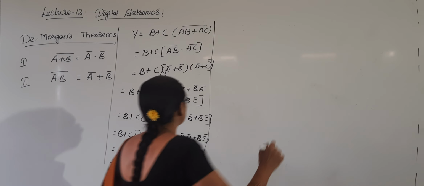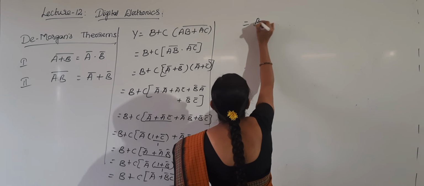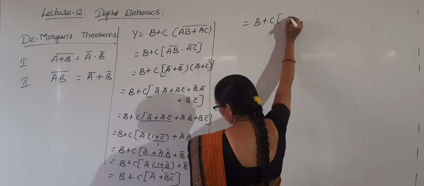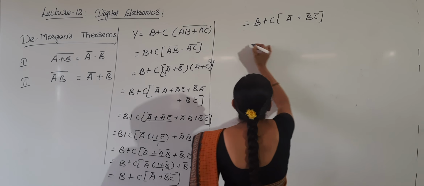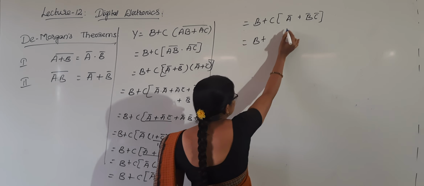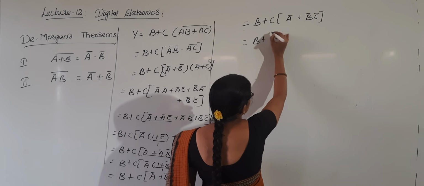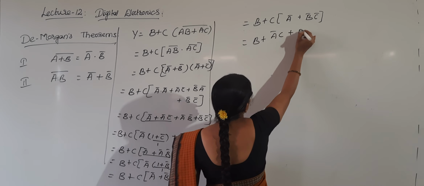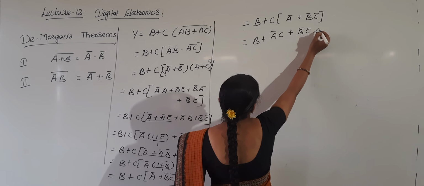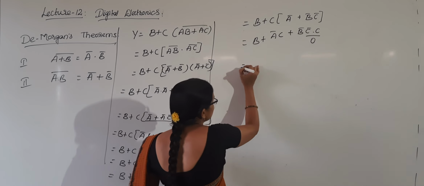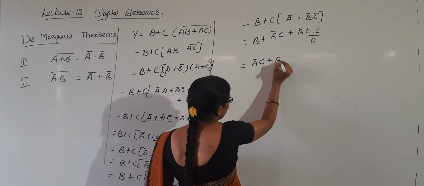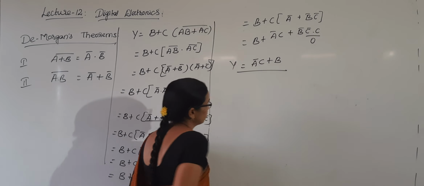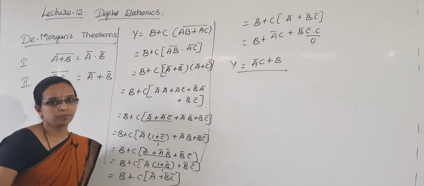What we have got is B plus C into (A bar plus B bar C bar). I have got B plus A bar C plus B bar C bar into C. This will be 0. So, A bar C plus B you can write. This will be the final expression.